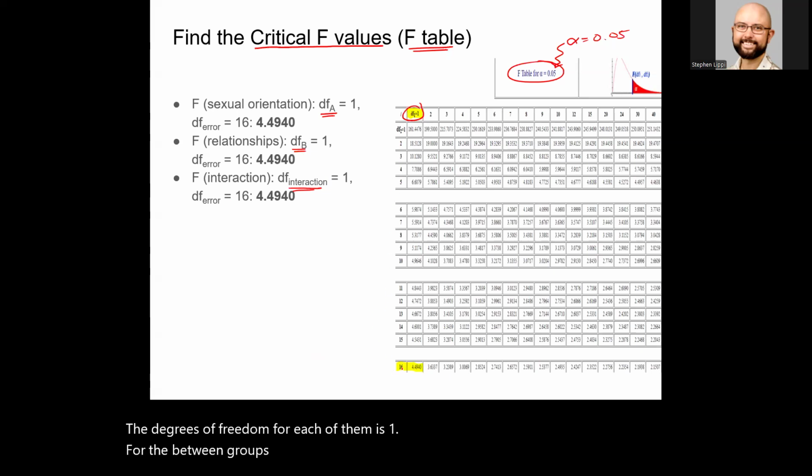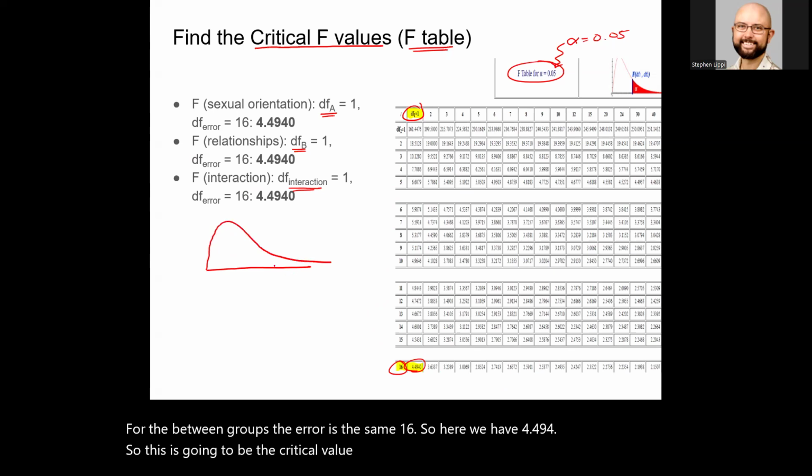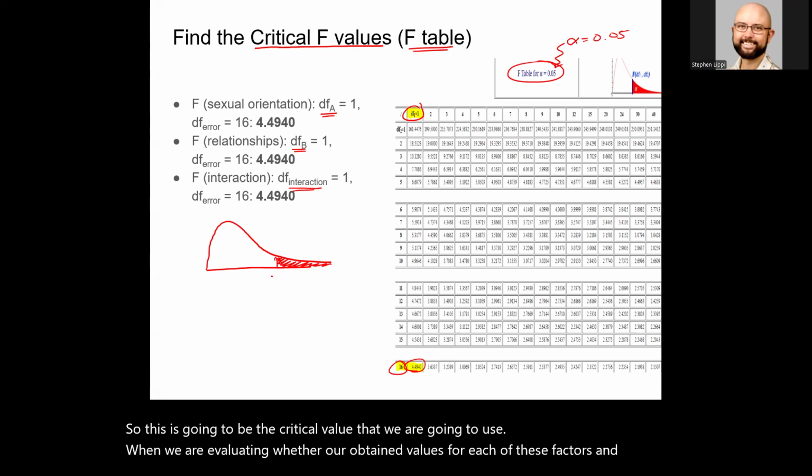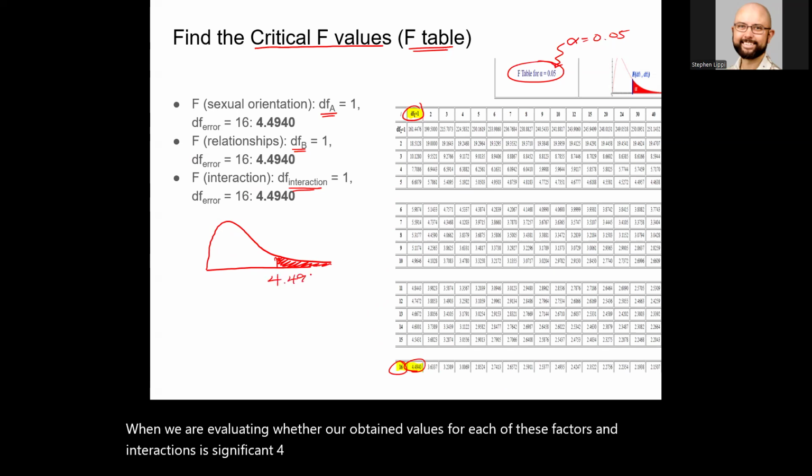The error is the same, 16. So here we have 4.494. So this is going to be the critical value that we are going to use when we are evaluating whether our obtained values for each of these factors and interactions is significant, 4.494.